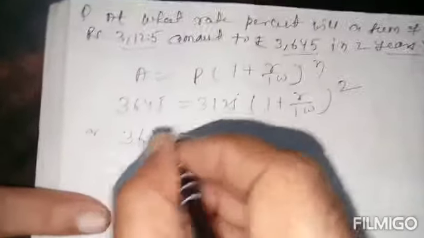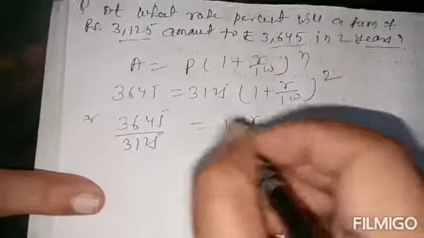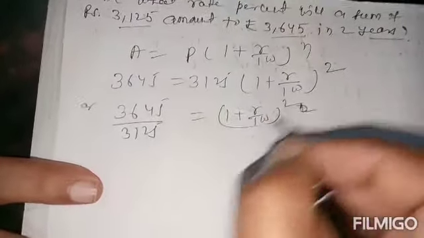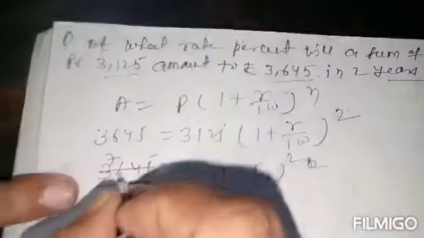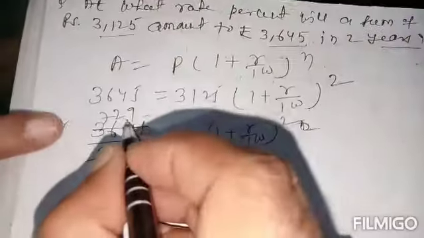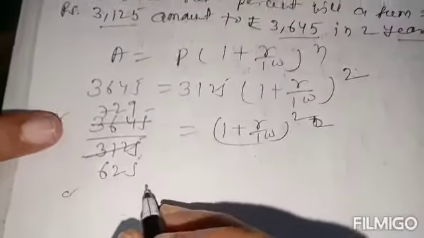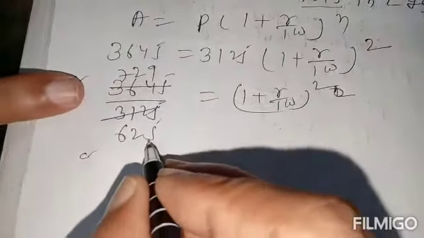So 3,645 by 3,125 is equal to (1 plus r by 100) to the power time. Now divide it by 5, so it becomes 729 by 625. 625 is the square of 25 and 729 is the square of 27.